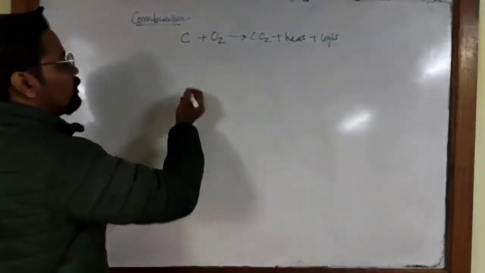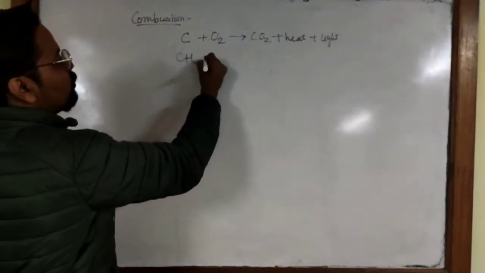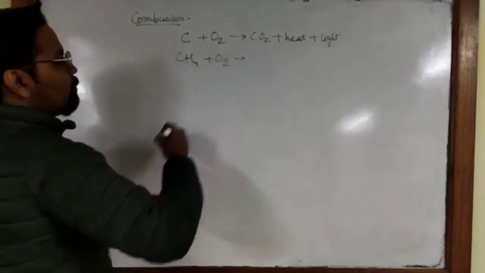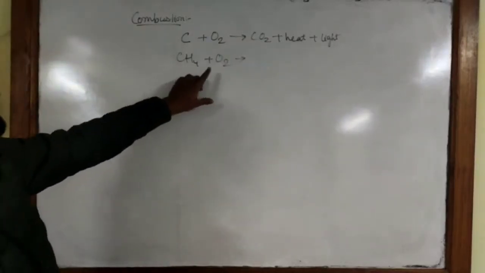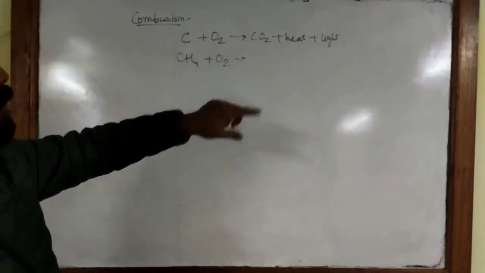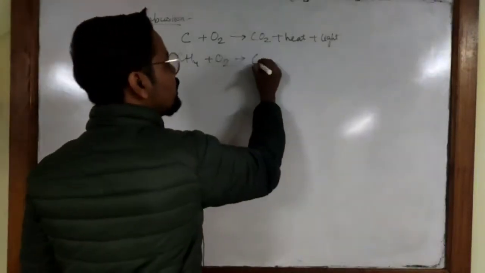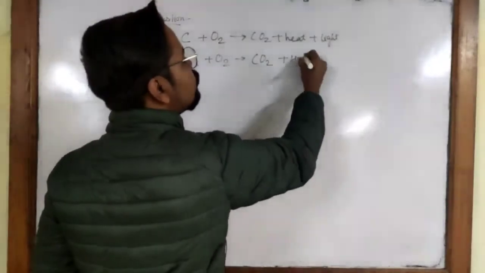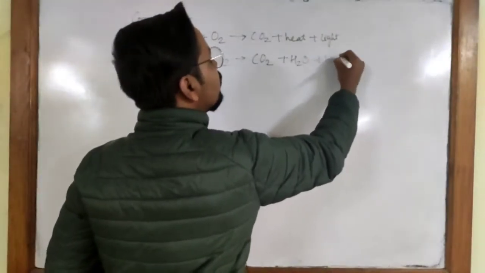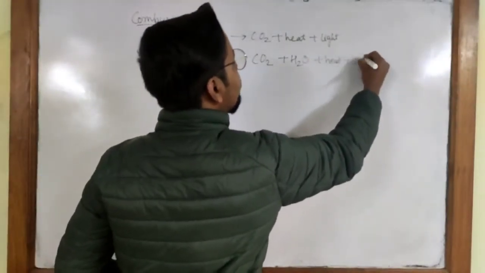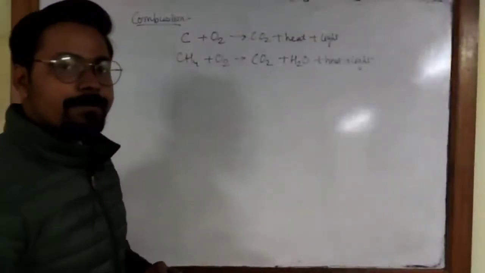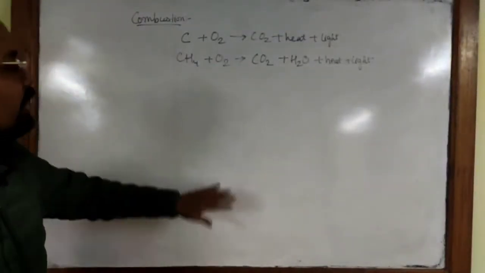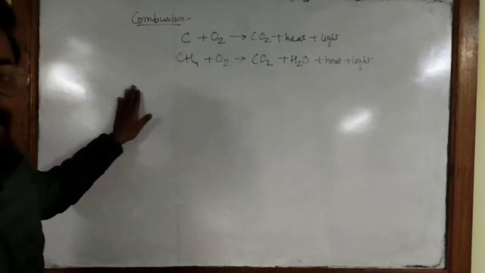Now if it is a hydrocarbon, suppose I have methane CH4 and I go for combustion reaction. So CH4 reacts with oxygen, and what is the outcome? Obviously carbon dioxide you will get, and the hydrogen will react with oxygen to give H2O along with heat and light. So that's how the reaction pans out. Now you can put any carbon compound.